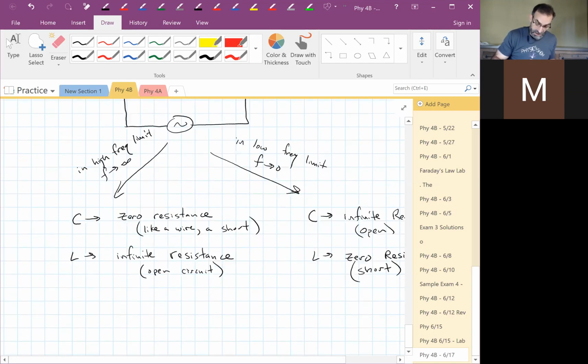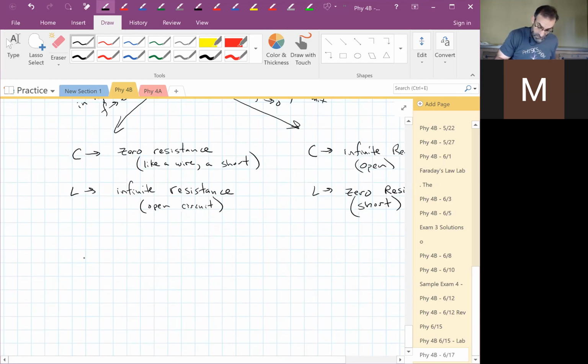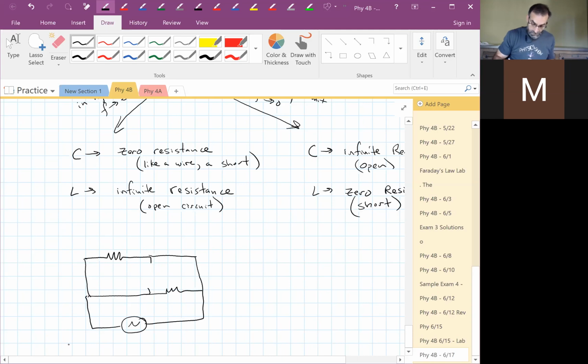And what does our circuit look like? Looks like that, right?